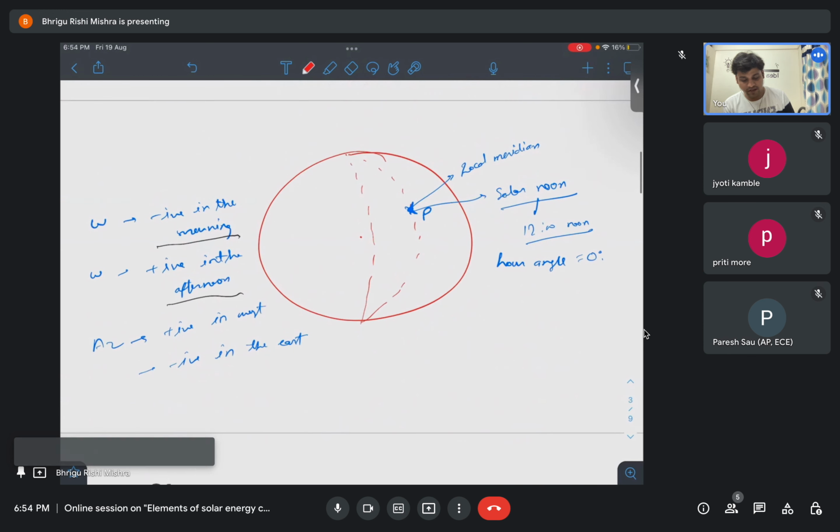Then we considered the sign convention: hour angle is negative in the morning and positive in the afternoon, and solar azimuth angle is positive in the west and negative in the east. And with respect to time, it follows the time convention of hour angle omega.